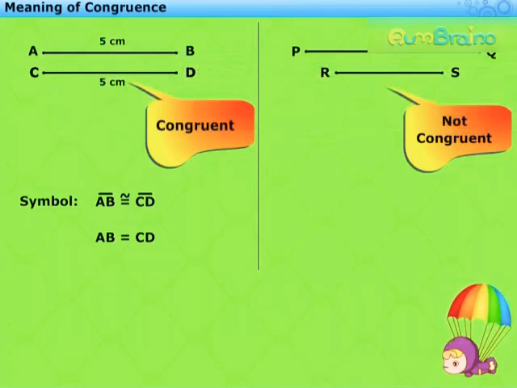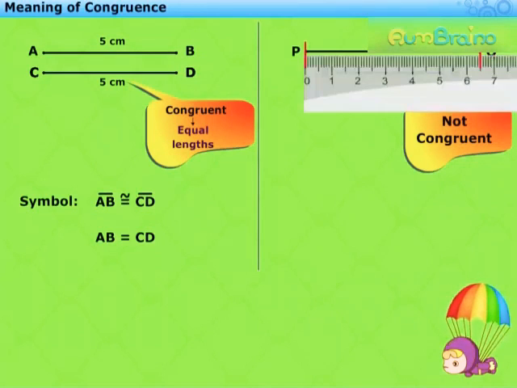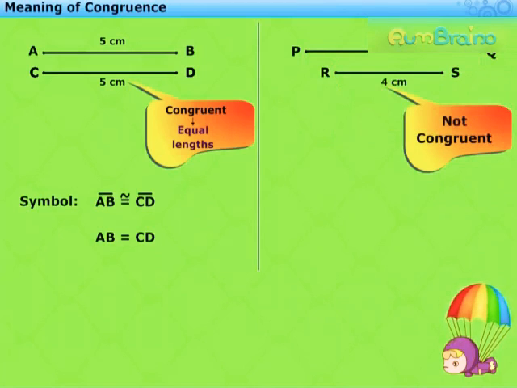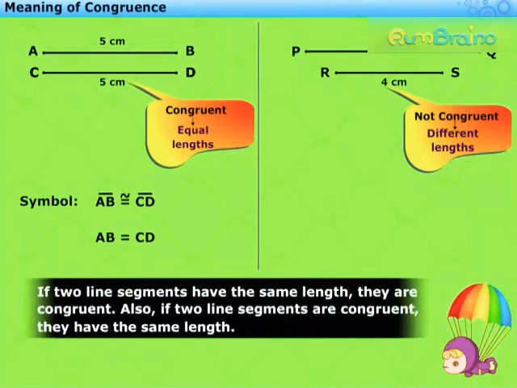We observe that their lengths are equal. Now measure the lengths of PQ and RS. Their lengths are different. From this, we notice that, if 2 line segments have the same length, they are congruent. Also, if 2 line segments are congruent, they have the same length.